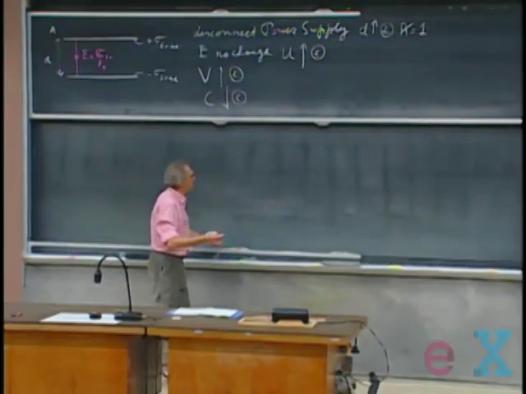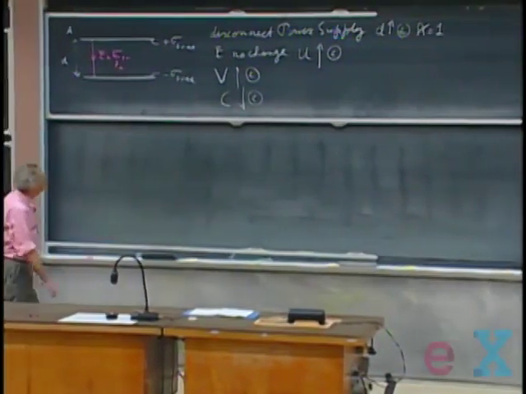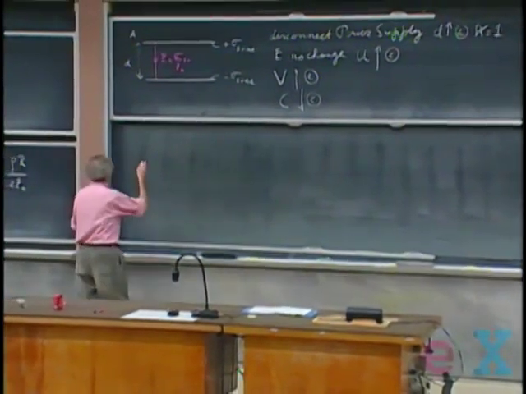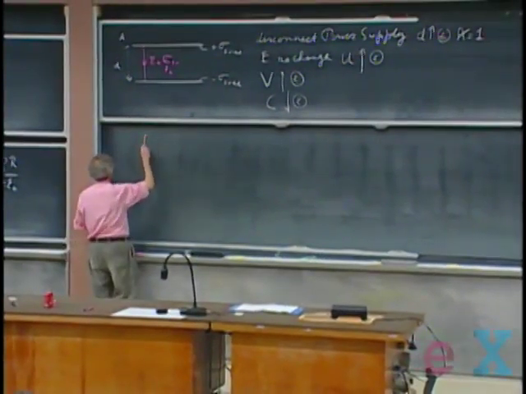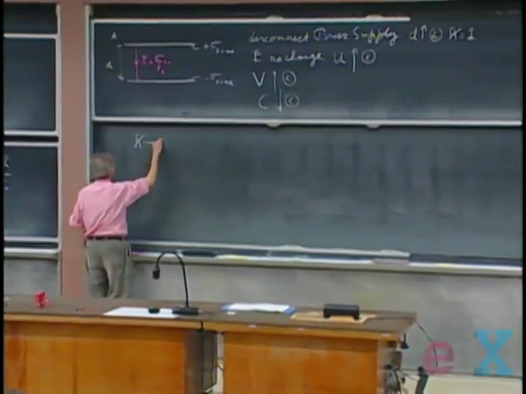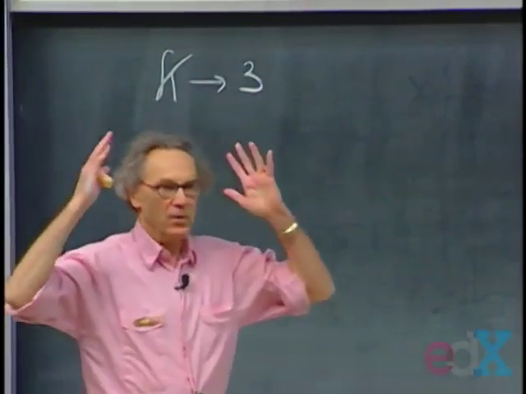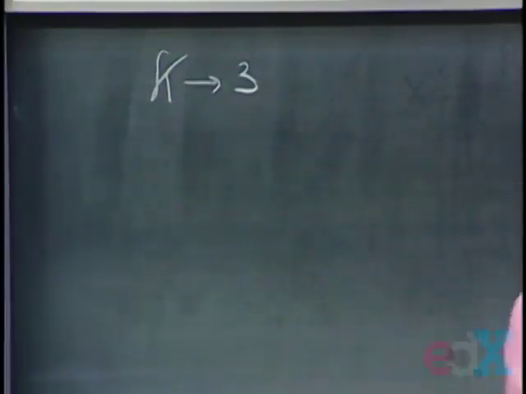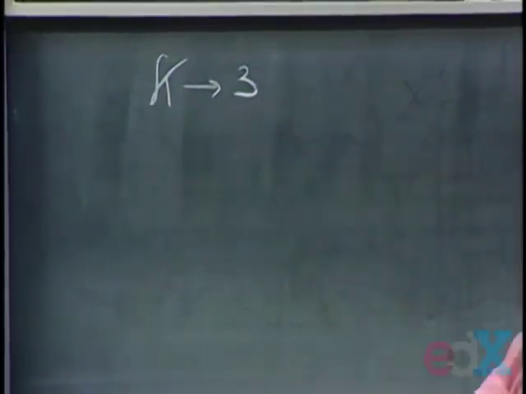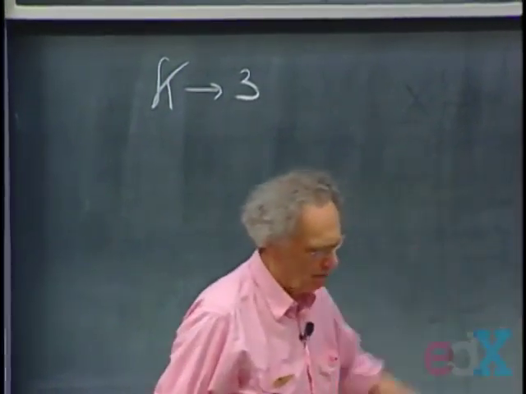So now D is as it was before, but now kappa becomes 3. So I take the dielectric and I shove it in, and sigma free is fixed.